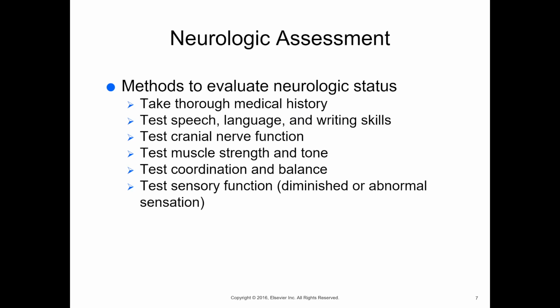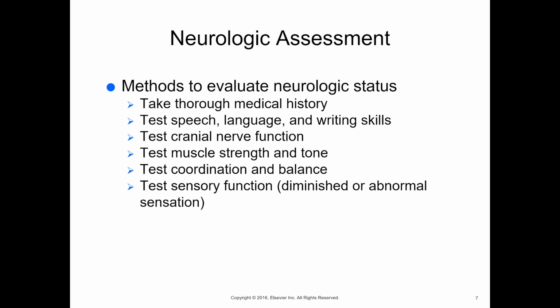So a neurologic assessment is really a step-by-step collection of data to evaluate someone's neurological status, as well as their cognitive higher order functions. We're looking at things as simple as, can you feel certain sensations? Can you move certain muscles? Do you have reflexes?